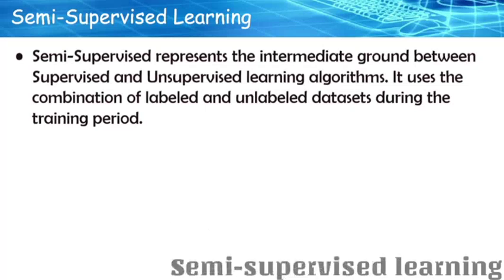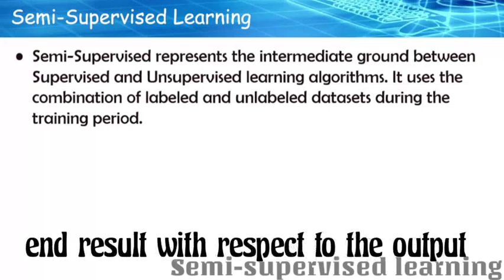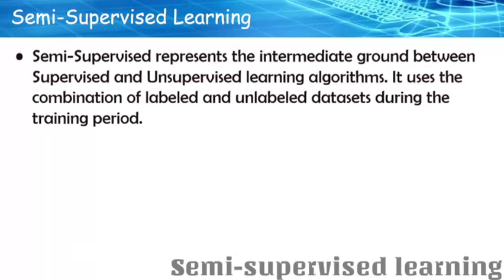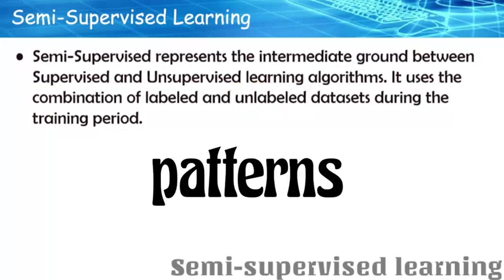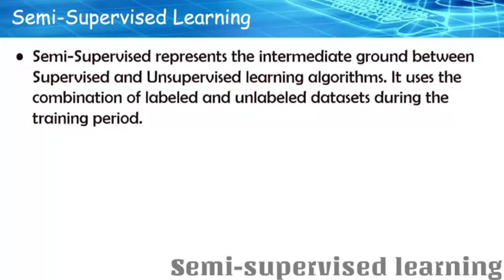So the training data set would be given, where some of it has the end result, or what exactly is expected with respect to the output, while training, and some is unlabeled. The machine is left to find out patterns as unsupervised learning does.